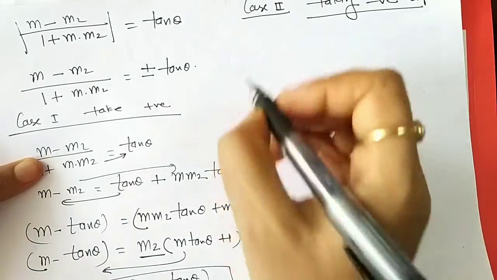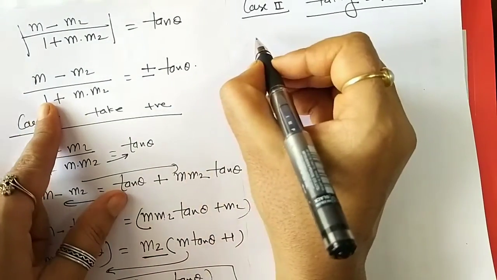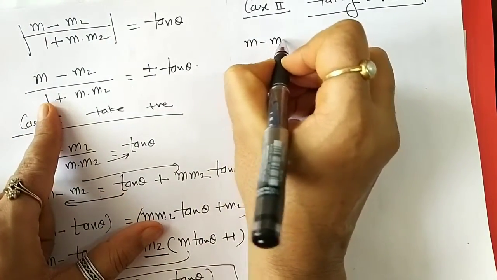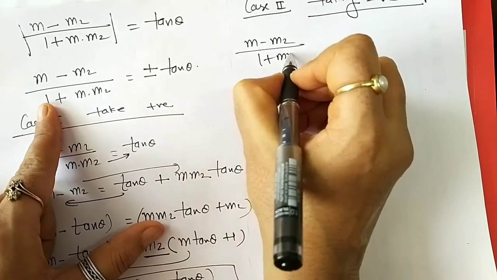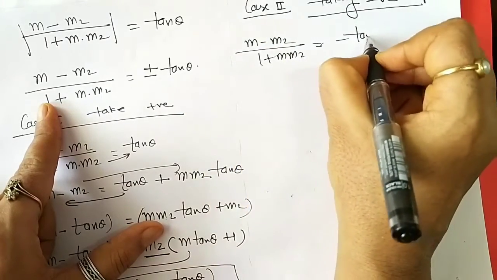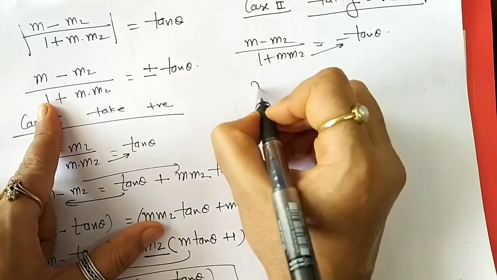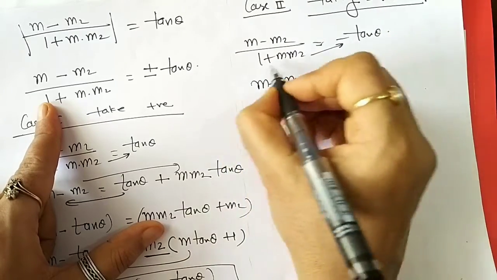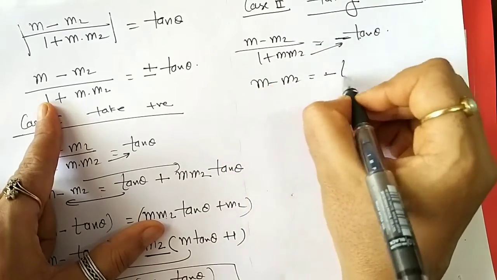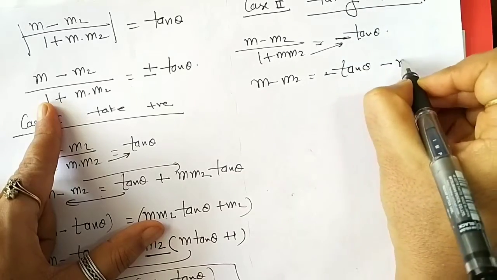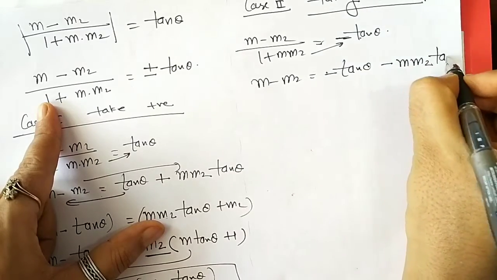Okay guys, so I will take the negative sign. Because of that, I will have the same equation, (m minus m2) by (1 plus m2) equals minus tan theta. So this will go there. m minus m2, this minus is multiplied with this, so it will be minus tan theta minus m2 tan theta.